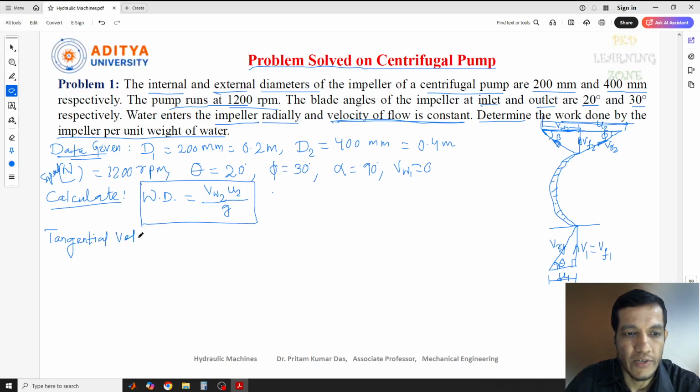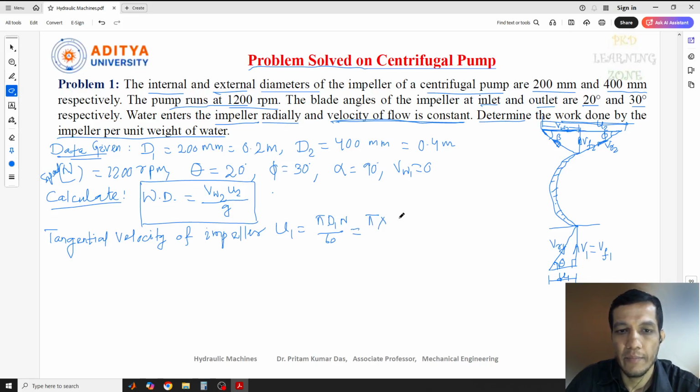tangential velocity. So what is the tangential velocity formula? Now we know the tangential velocity of impeller at inlet and outlet condition. So inlet condition is U1, which is nothing but pi D1 N by 60. So we can write pi value as it is, and this is 0.2, and this is 1200 divided by 60.